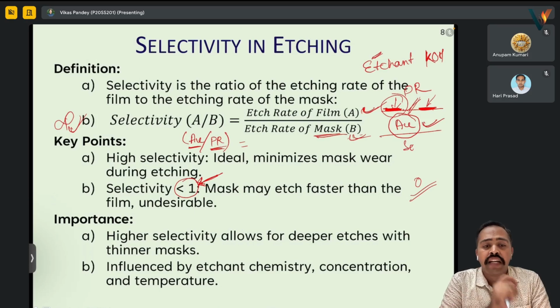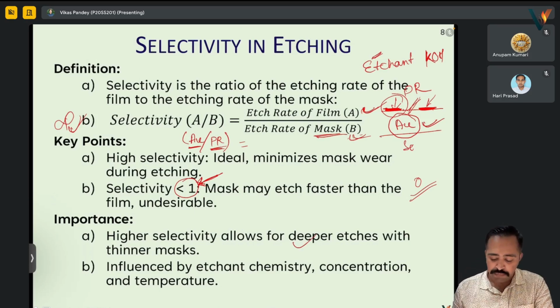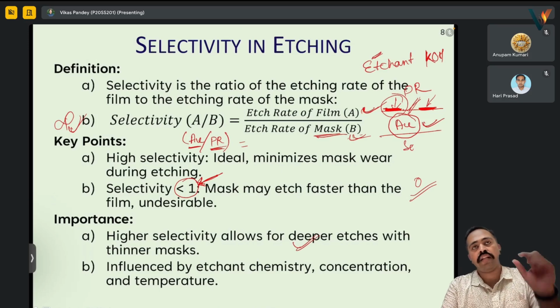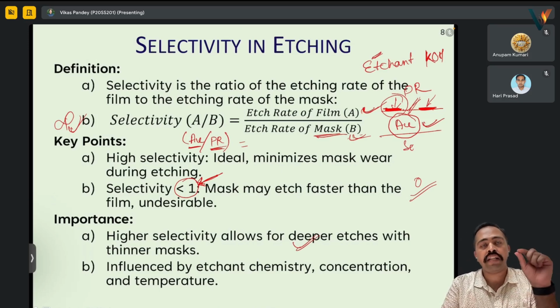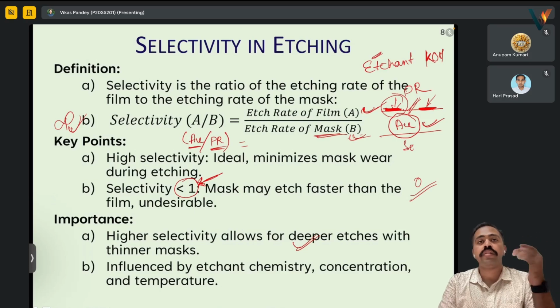Higher selectivity allows for deeper etch. As I said, if we have a higher selectivity, we might need a thinner mask and it will work fine. But if we have a lower selectivity, in that case we need to create a thicker mask, because that will also etch faster.